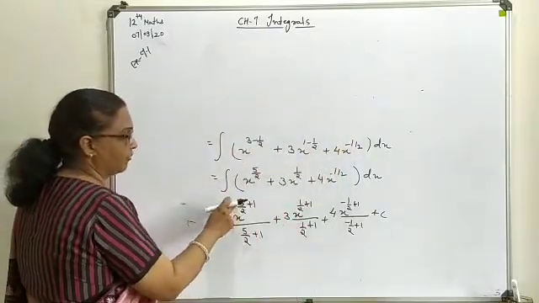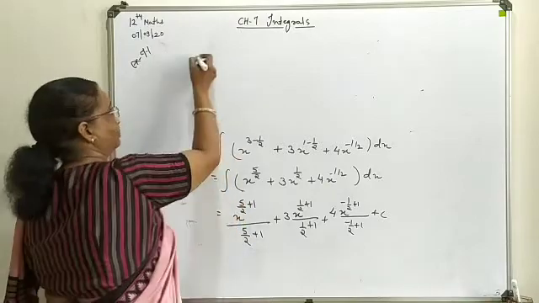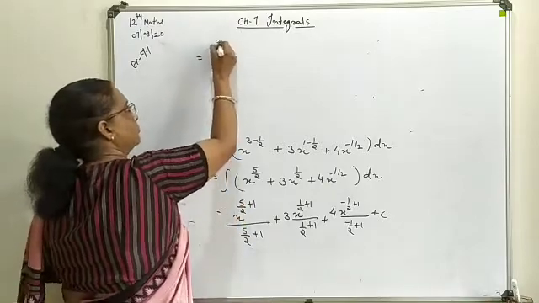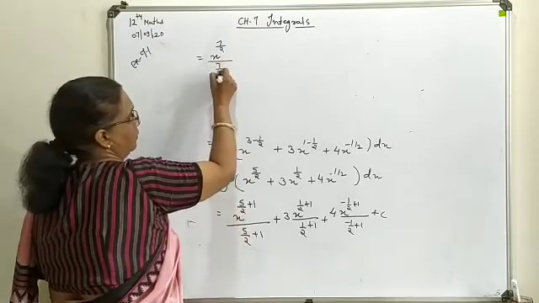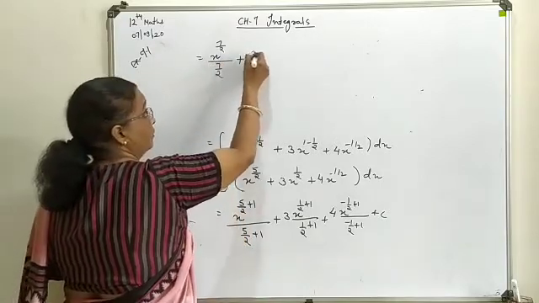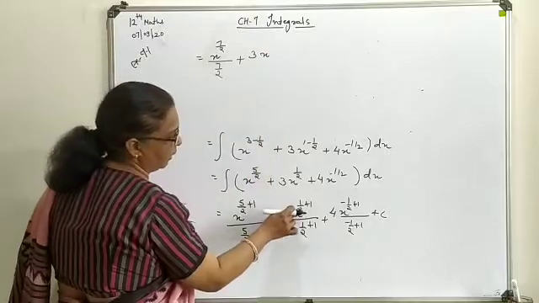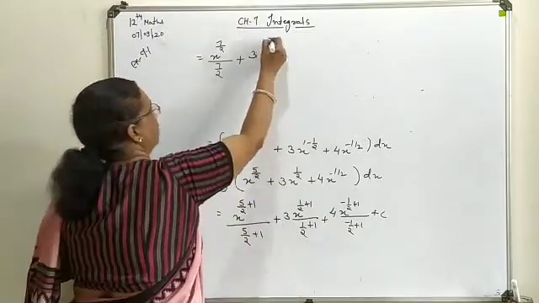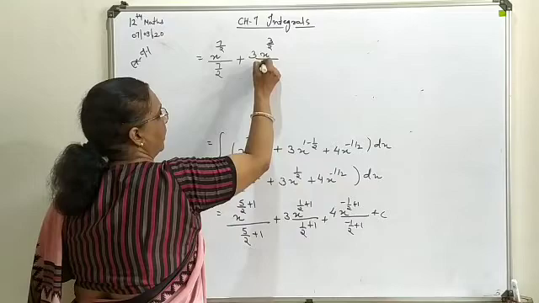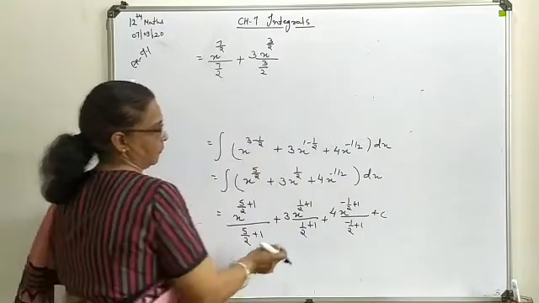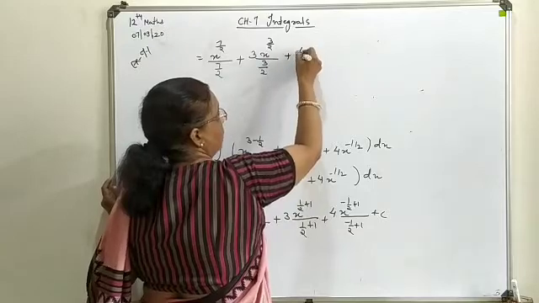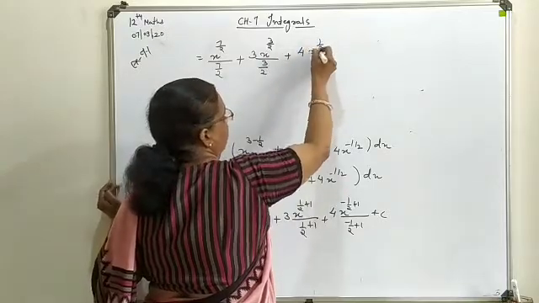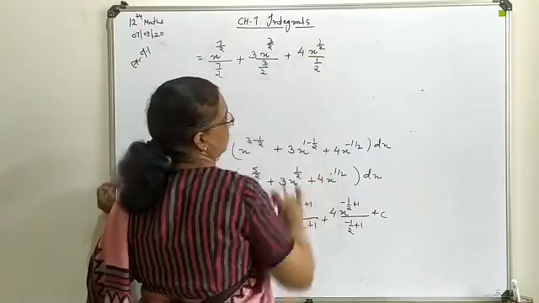So that will give you, taking LCM, 5 plus 2, 7 by 2. Here also this is 7 by 2, plus 3 x power, here you go for taking LCM, 3 by 2 upon 3 by 2. This will give you plus half, means 4 x power half, and this is 1 by 2.